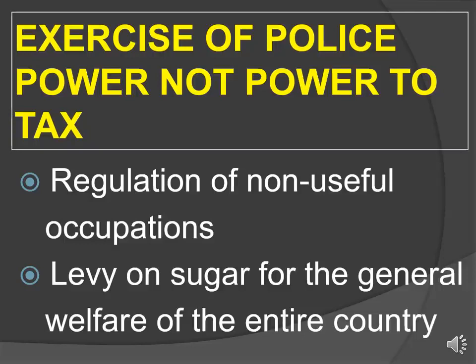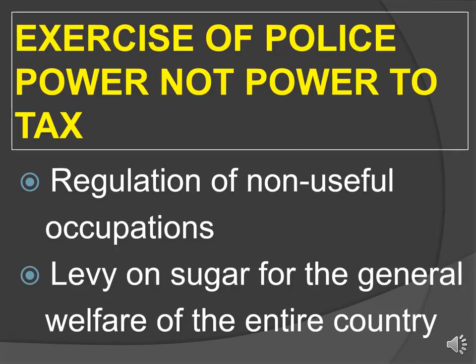Now, in this particular regard, I would like to remember that in the case of Koonyeng, the Supreme Court said that if there is a license fee collected for the regulation of non-useful occupation, then the amount of license fee could exceed the cost of supervision, inspection, and control.